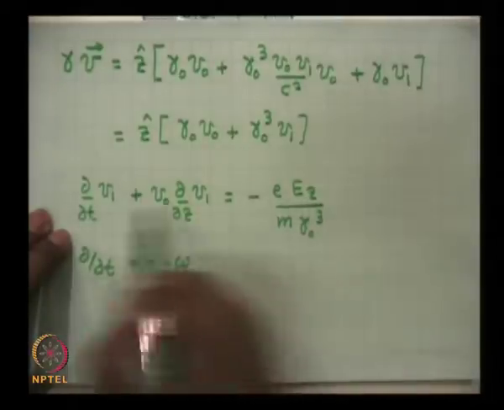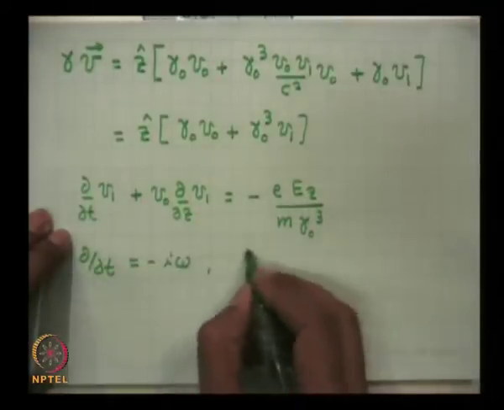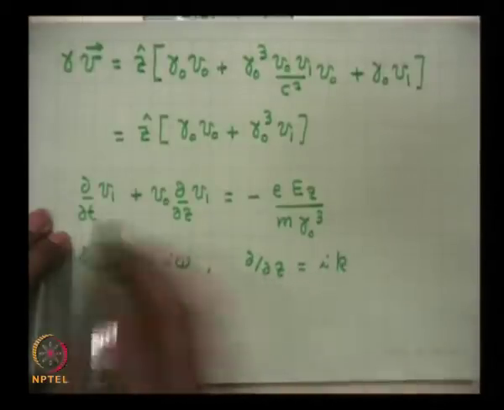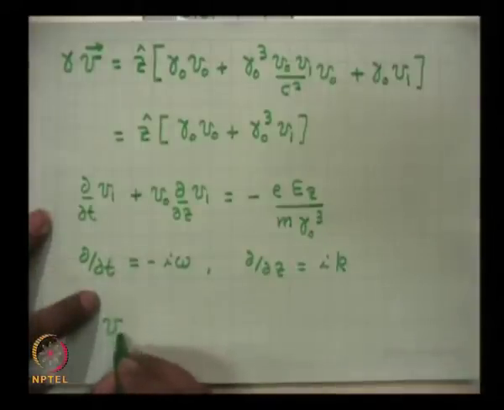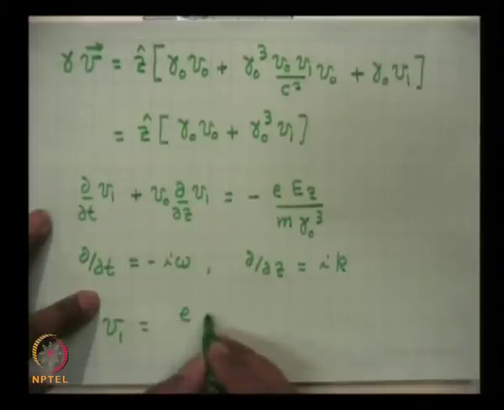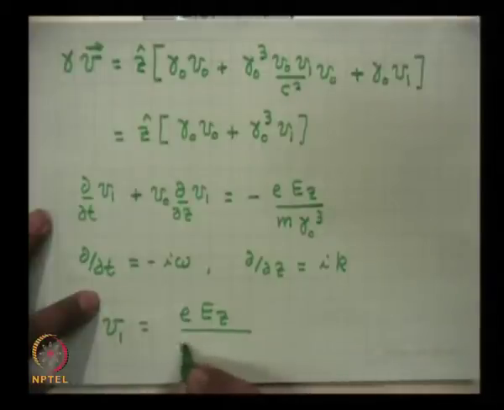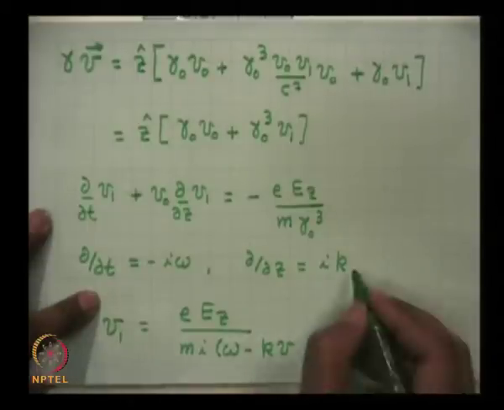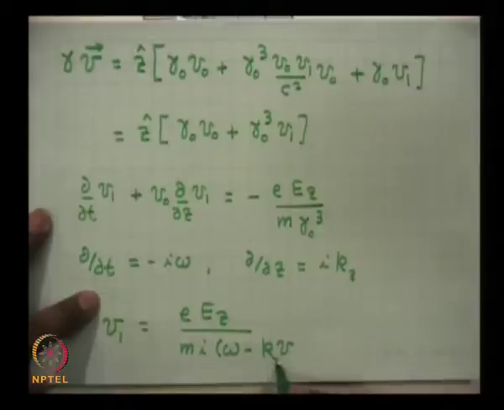Ez is the source and V1 is the response, and replace delta delta z by ik, and this equation then gives you velocity V1 equal to Ez over m, I omega minus, rather, kz V0, into gamma 0 cube.